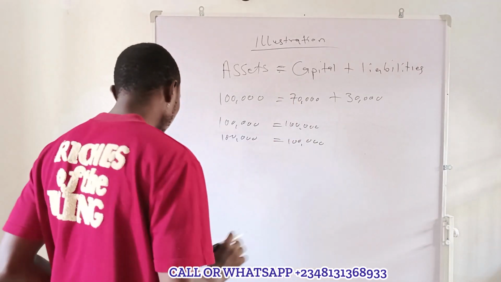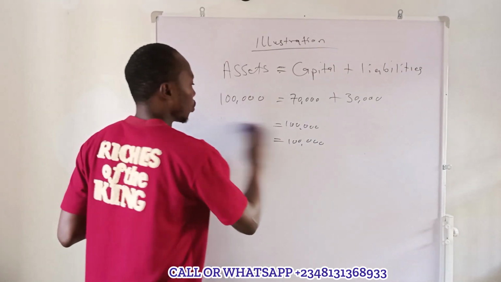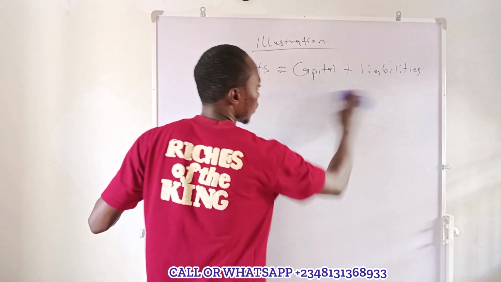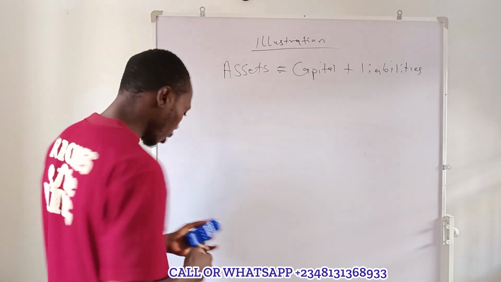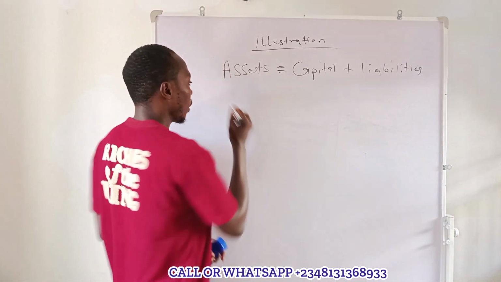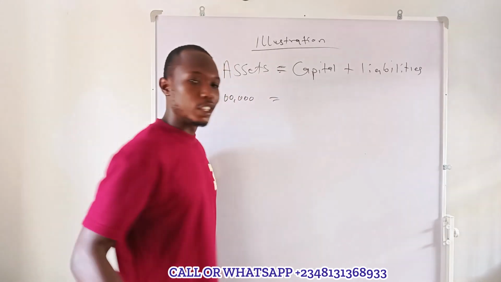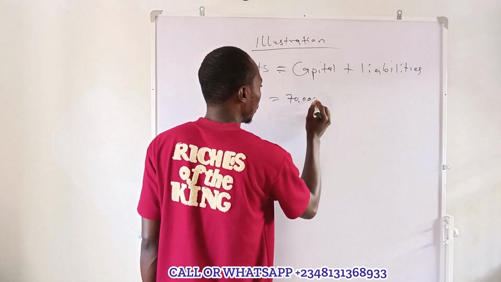Now, we can create another illustration where we look at what if this did not balance. Then we'll try to look at what the problem might be, right? So let's say our asset is 100,000. Then at the end of the day, the capital is still 70,000.